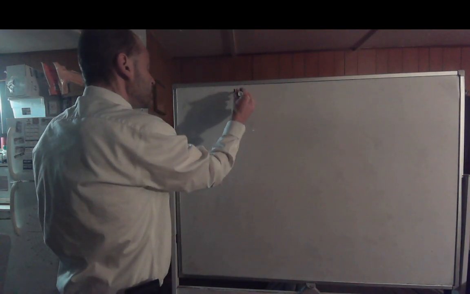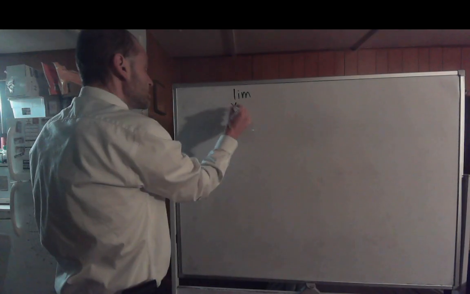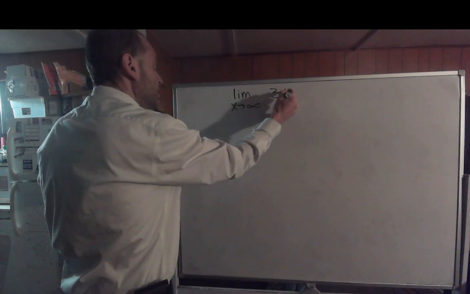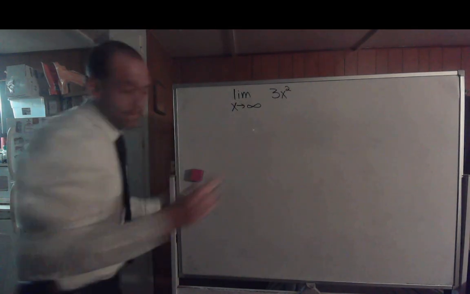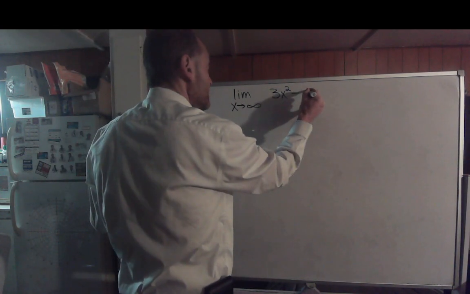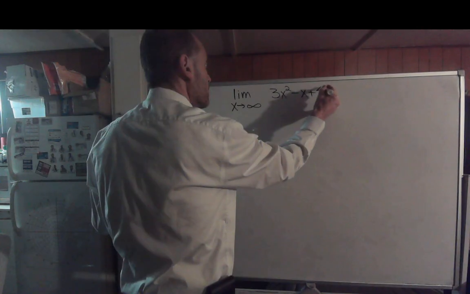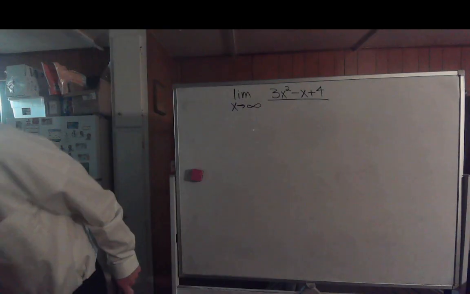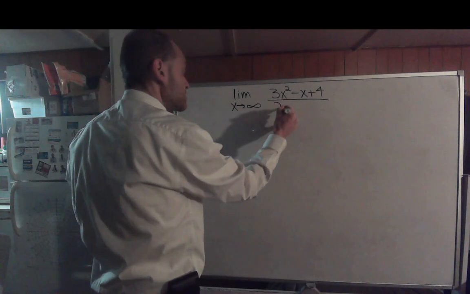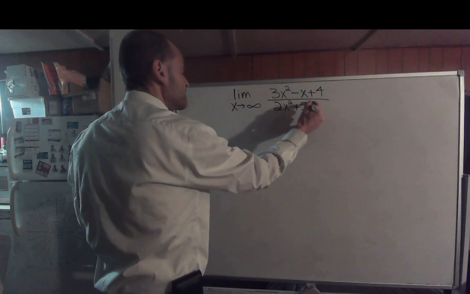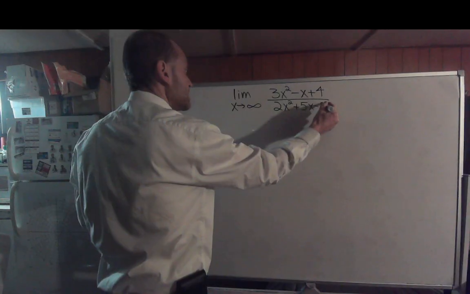So we have the limit as x approaches infinity of 3x squared minus x plus 4 divided by 2x squared plus 5x minus 8.